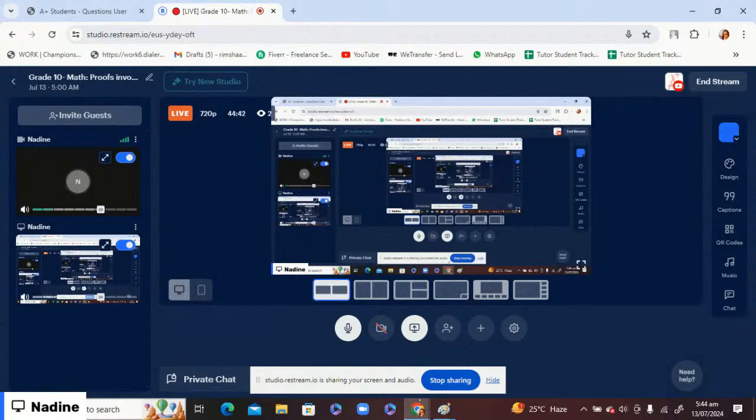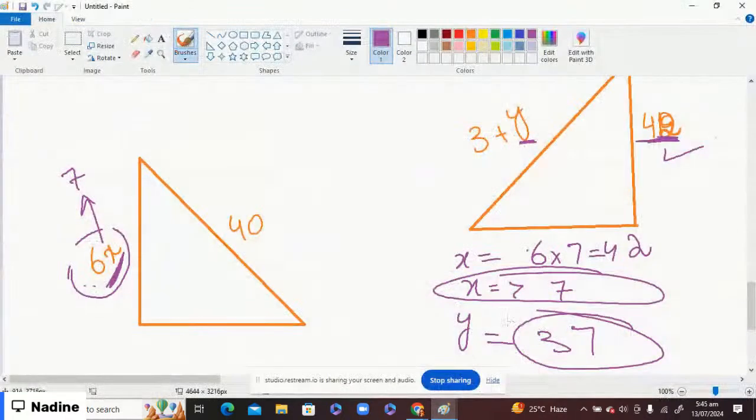Yeah, so let's check in place of y which value we put. We put 37, because 3 plus 37 is 40. So this is basically what we have done.